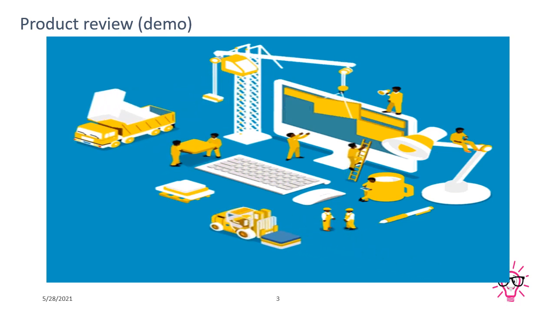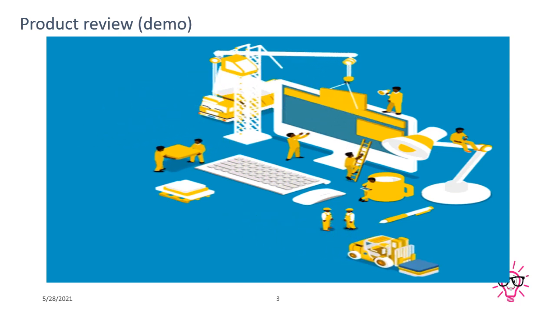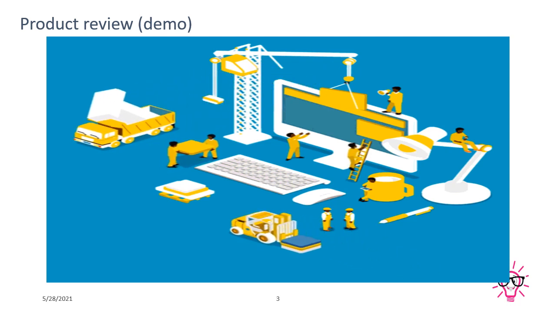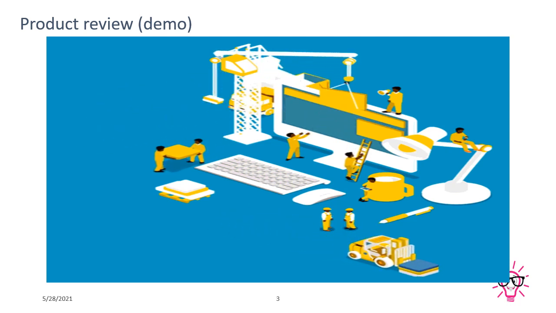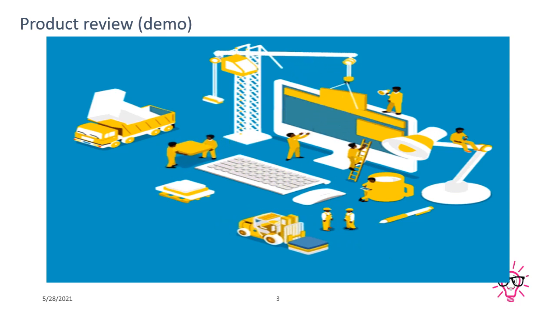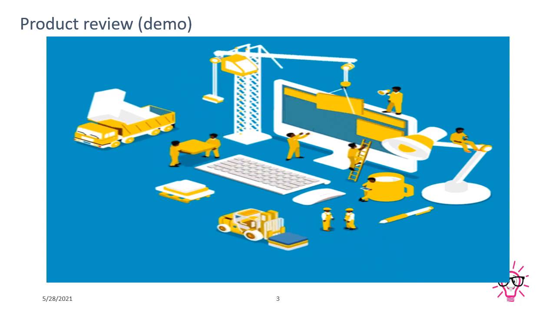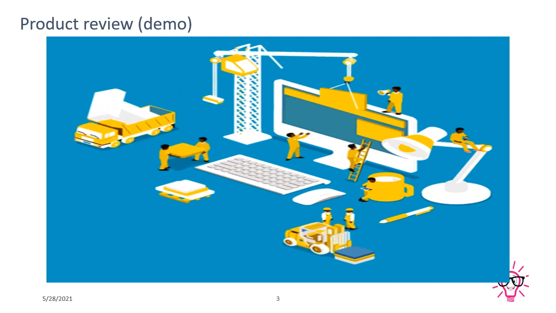Say, for example, out of 10, I will consider below 4 a very poor demo.